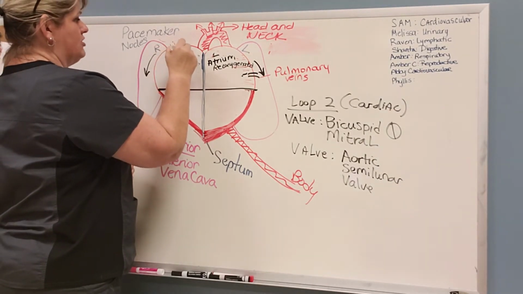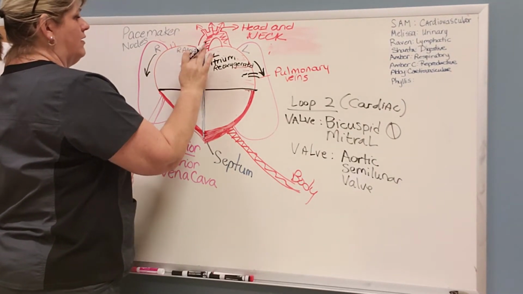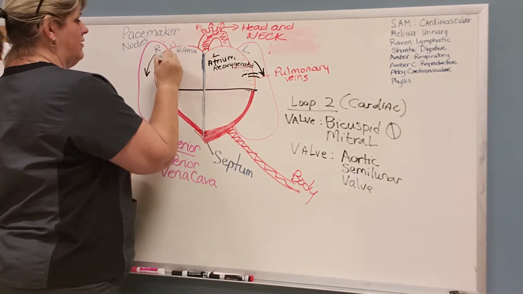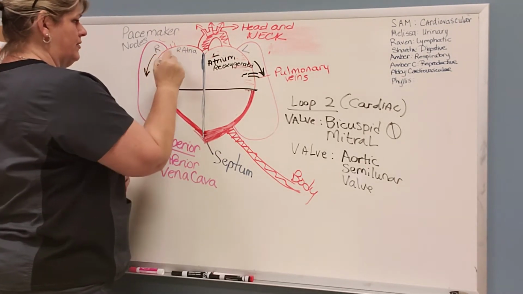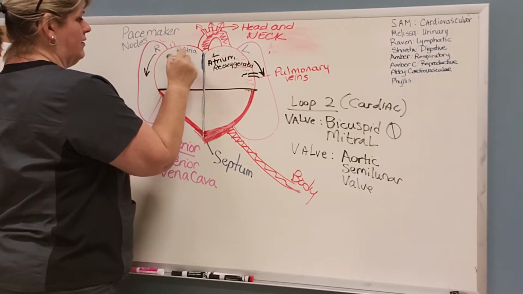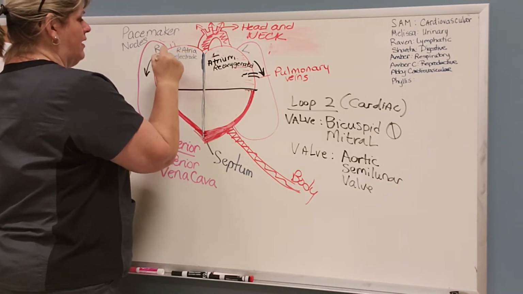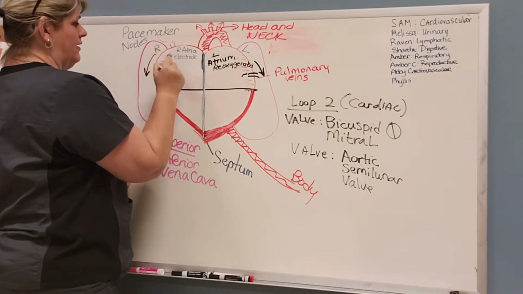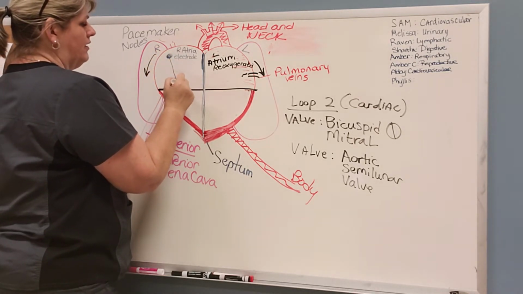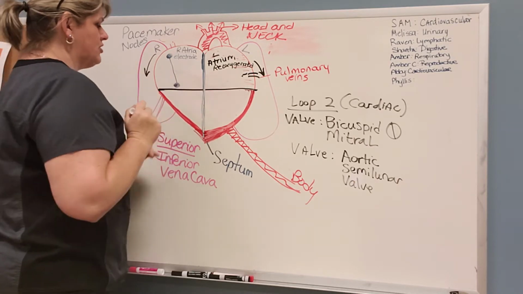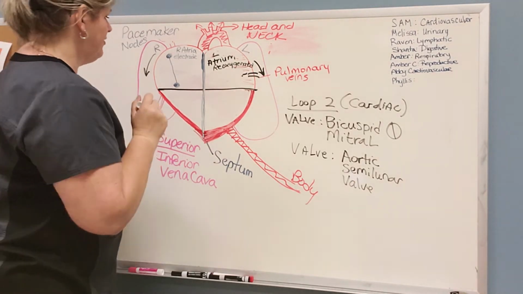In your right atria, you have an electrode. Okay, this electrode is connected to another electrode that's close to that tricuspid valve.